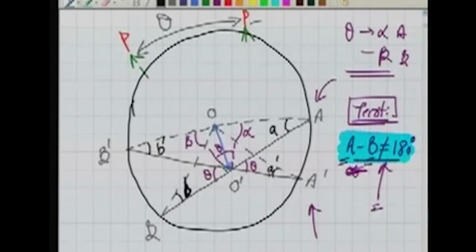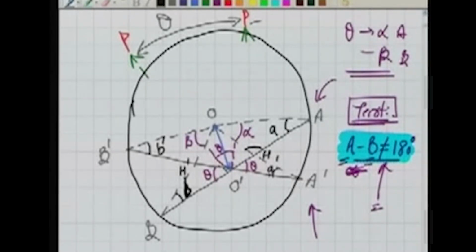Now in triangle, if you look at the triangle, in triangle O, A and this particular point, let us name this point as H, and the point here is O dash. So in triangle O, A, H and O dash, H and A dash, the angle over here are same.